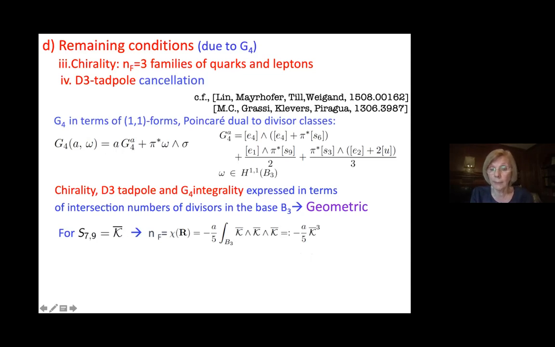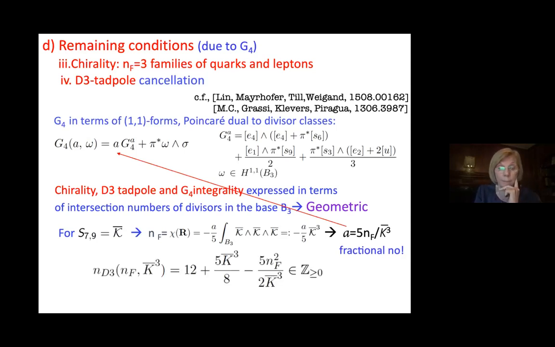So what is interesting here is that if we want 3 families, we see that this coefficient in general is fractional, and it is inversely proportional to the triple intersection of anti-canonical divisors. So we are dealing with fractional coefficients in order to ensure examples, say, with NF equal to 3.